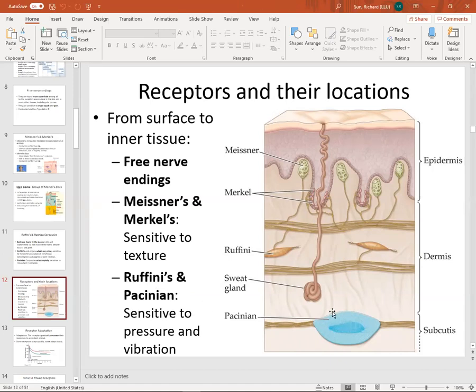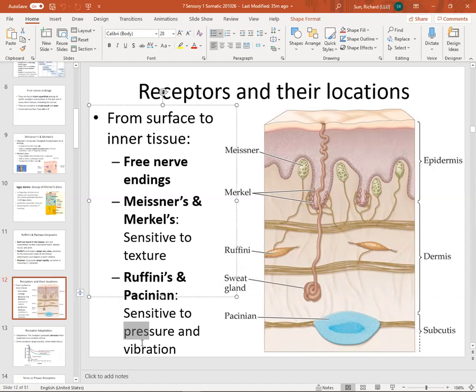Ruffini and Pacinian are deeper, so this force has to penetrate further down. So when they detect it, it will be viewed as pressure, because this is not just the touch, this has already penetrated further down here, and also the vibration propagates down here.